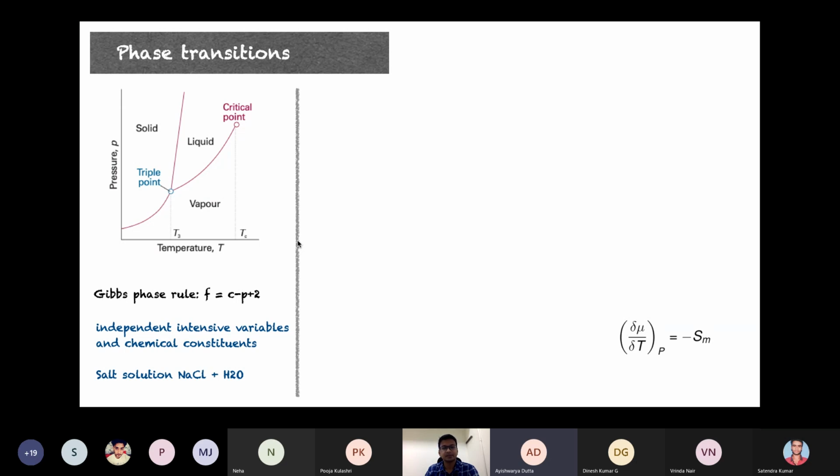That is why the number of components will be reduced to 2. Exactly. So the number of chemical constituents we can say is 3, because Na+, Cl-, and water. But then there is this electron neutrality restriction that decreases the number of independent components to 2. So 3 minus 1 because of this restriction.